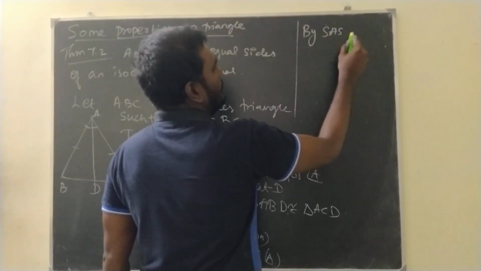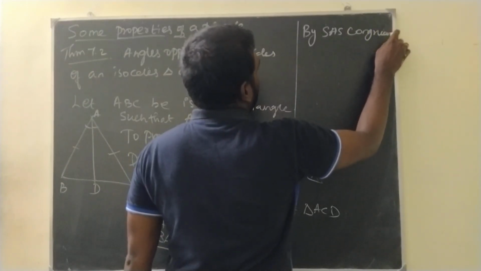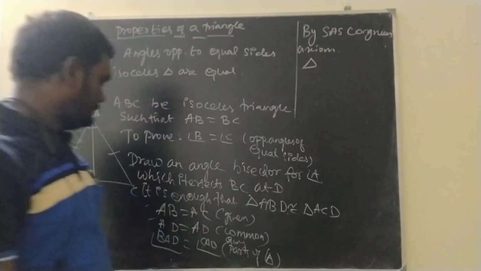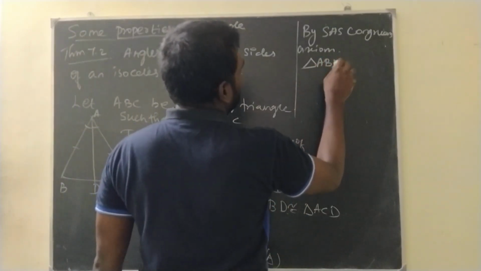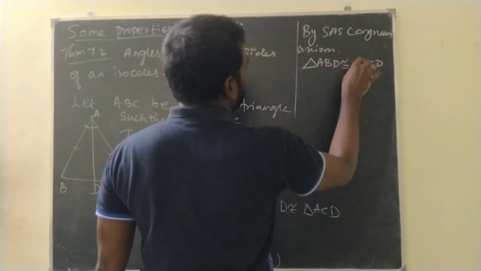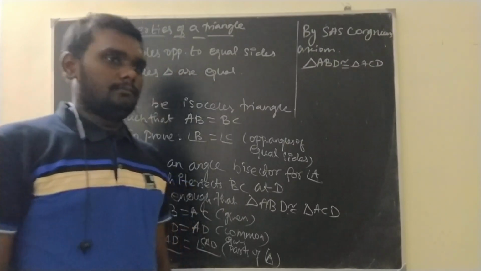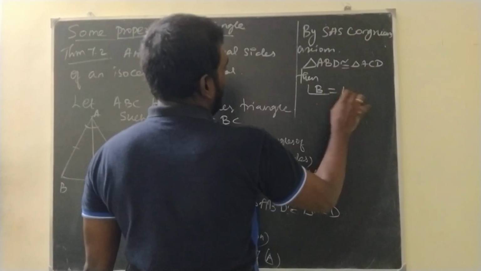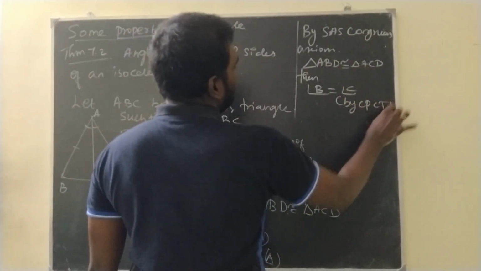By SAS congruency axiom, we can say triangle ABD is congruent to triangle ACD. But is that what we need to prove? Then angle B is equal to angle C by CPCT.